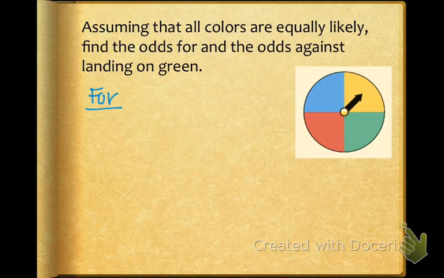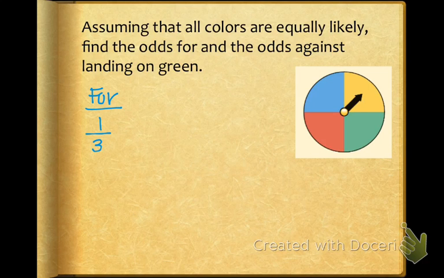The odds for it happening is going to be the good over the bad. How many ways can we land on green? Just one. There's only one green section. How many ways could I not get green? Well, I could get red or blue or yellow. There's 3 ways that I could not get green.